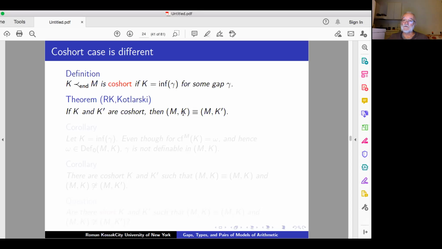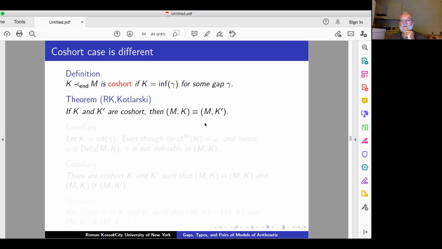Omega is definable without parameters in the pair. Structures can be non-isomorphic, because whether they are isomorphic or not depends on what's realized in the gap that determines the cut, the first gap above the cut. But still, there are lots and lots of non-isomorphic pairs, but they all share the same theory.